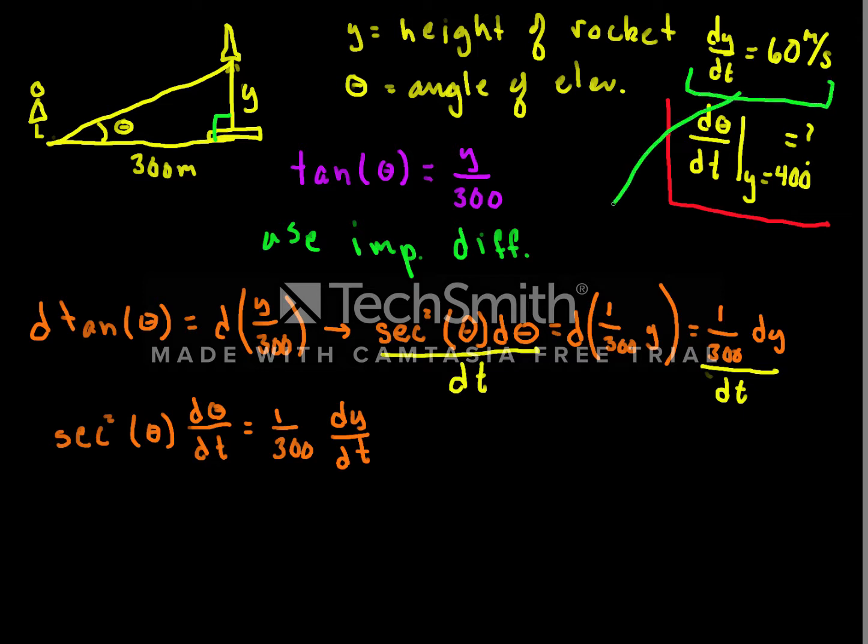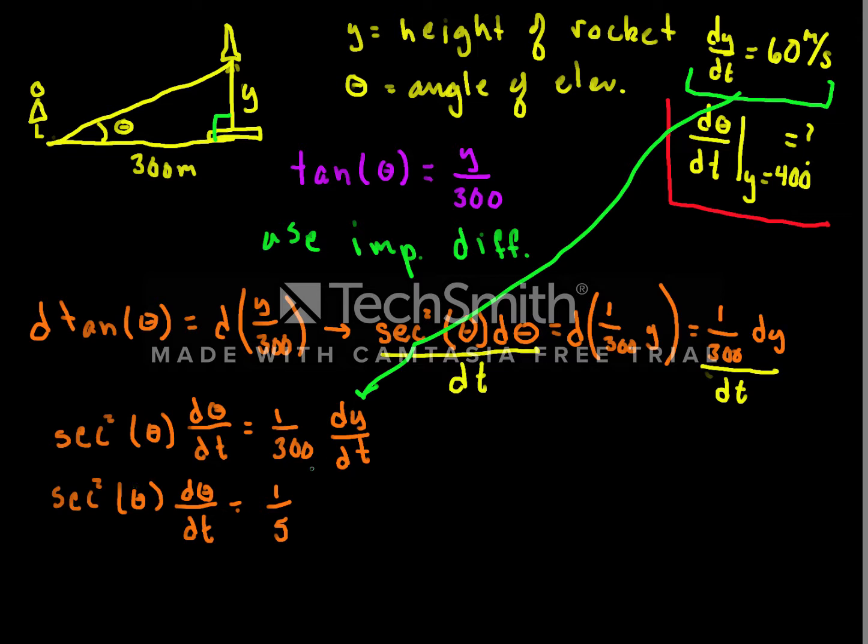So dy dt comes right here, giving us that secant squared of theta d theta dt, and since dy dt is 60 and 60 over 300 is 1/5, finally I can divide both sides by secant squared.